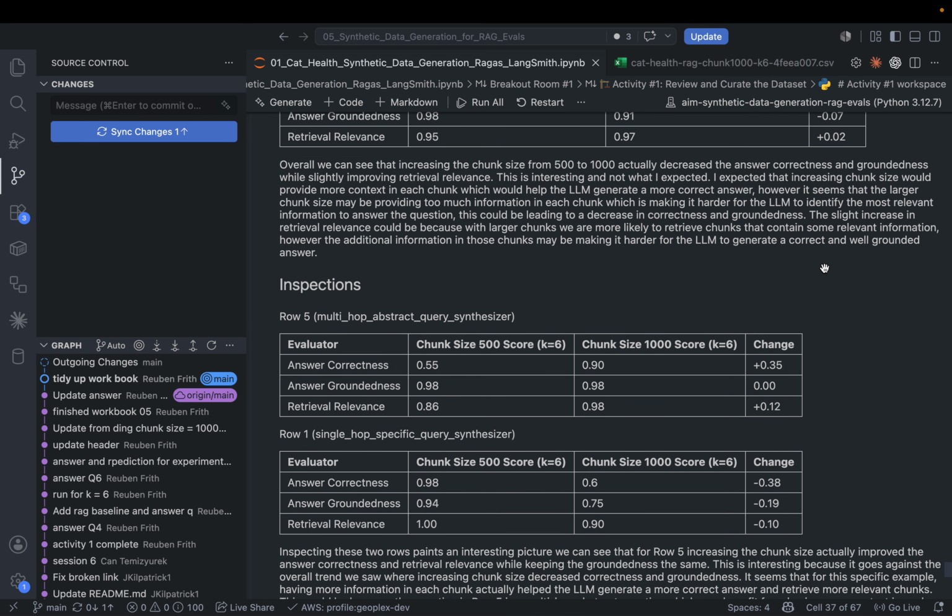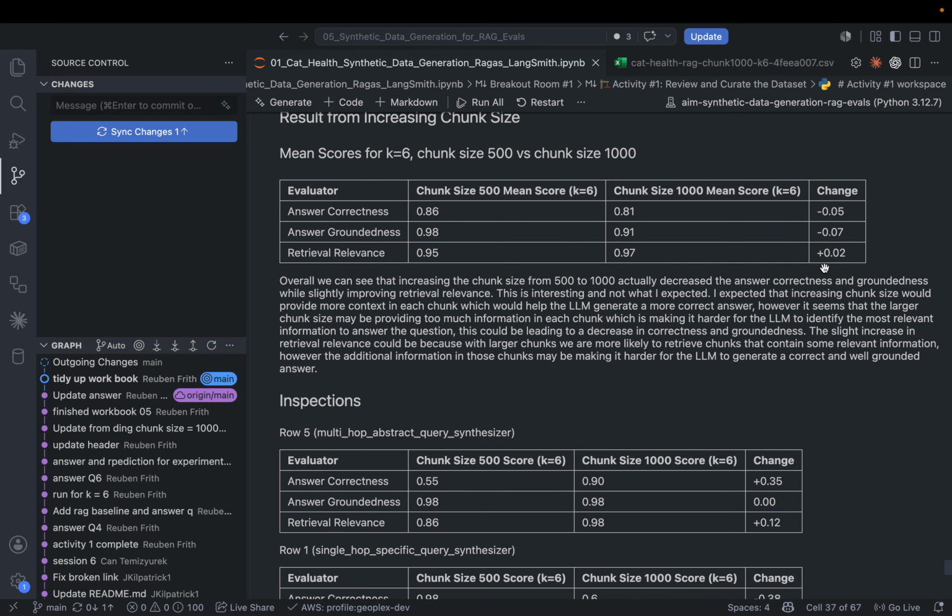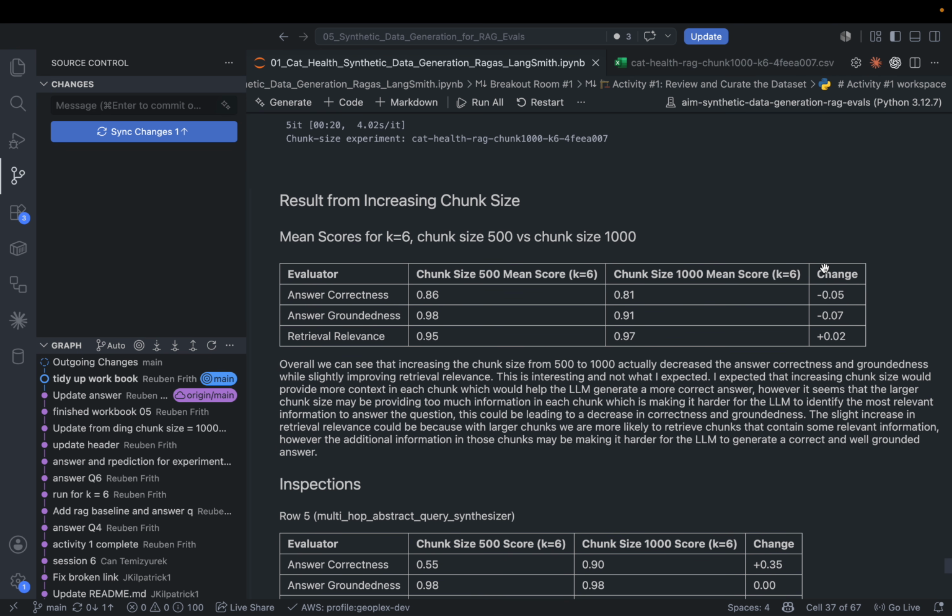And then because of increasing the chunk size, there's essentially more information being fed into the LLM and the RAG pipeline. I thought it would actually improve the answers overall and improve things because more is better, but in this scenario not so much.